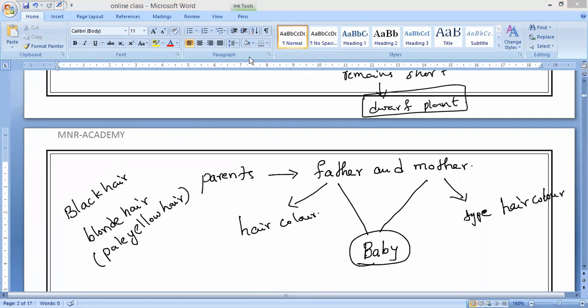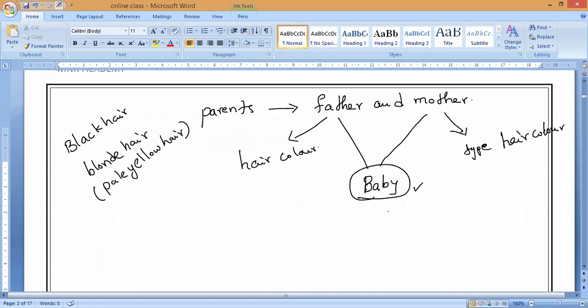So now let us discuss what color of hair is coming to the baby. Try to understand clearly, very carefully. Black hair is the phenotype, guys. The black hair is a phenotype produced by which genotype?